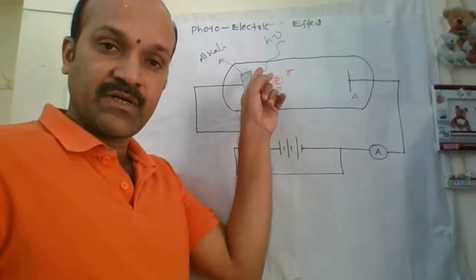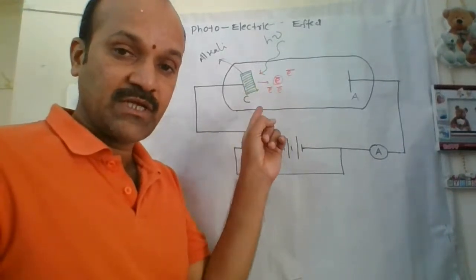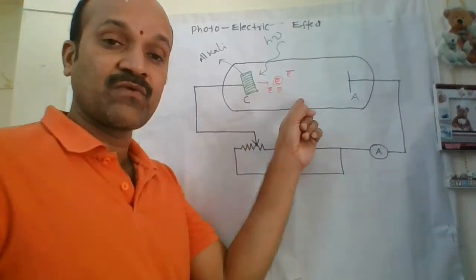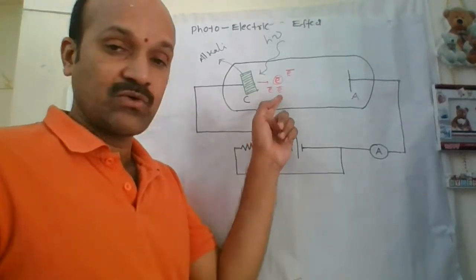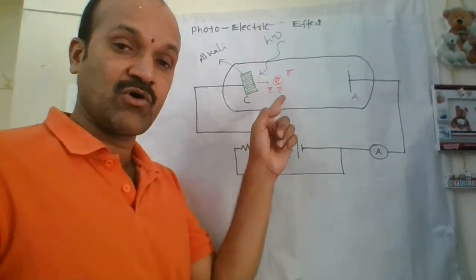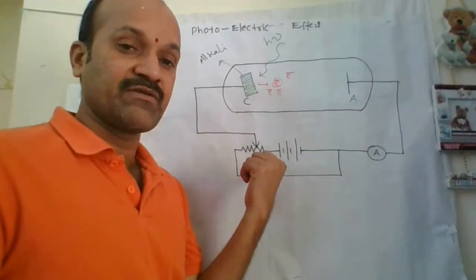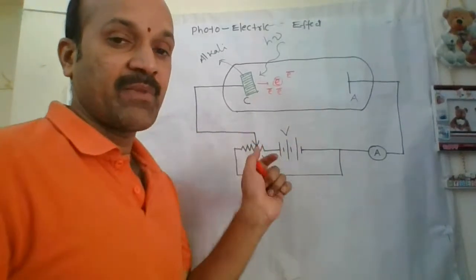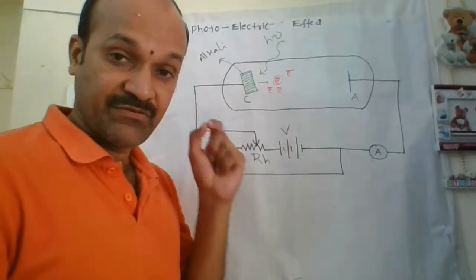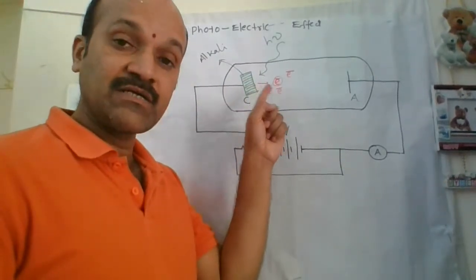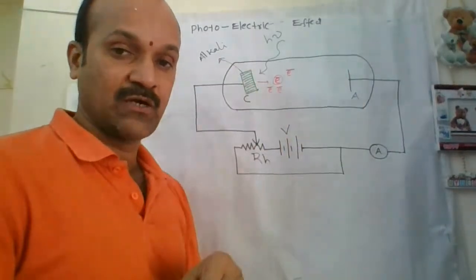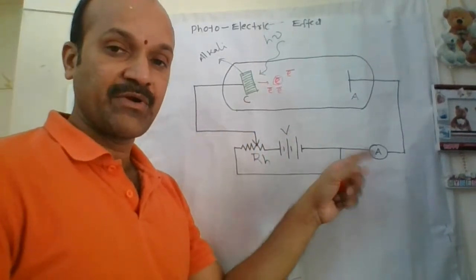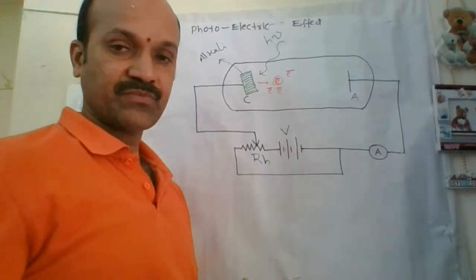When a photon of suitable frequency and suitable energy is incident on this alkali metal, electrons will be emitted out. If these electrons have sufficient energy, or if you provide it by applying a sufficient potential difference across these two electrodes, then the emitted electrons will reach this electrode. Then you can see current flow in the circuit. You can see the deflection in the ammeter. This is the construction, a very simple thing.